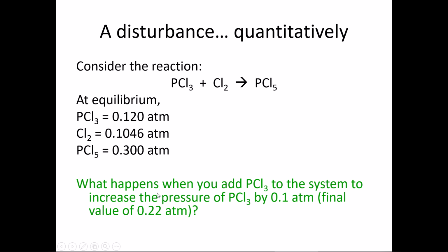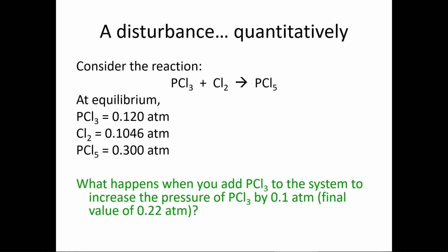But now let's say I increase the pressure of PCl3 by 0.1 atmospheres. So increasing the 0.12 to 0.22 means that I have disrupted the equilibrium. I'm no longer going to be at my K equilibrium ratio. Because I'm adding a reactant, my Q is actually going to be less.